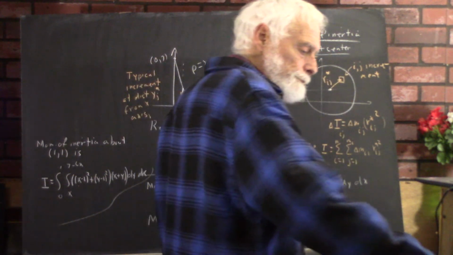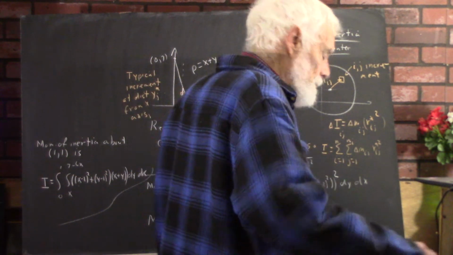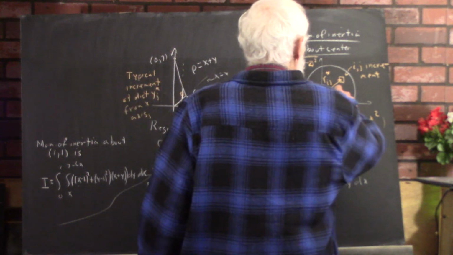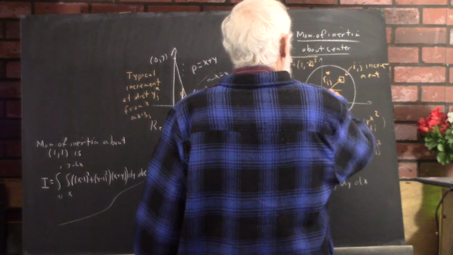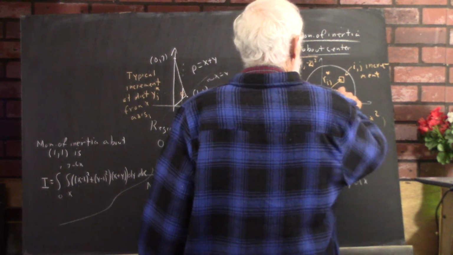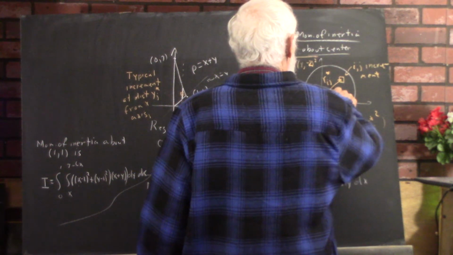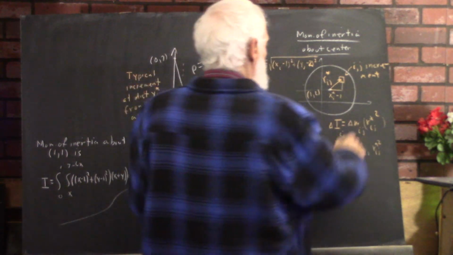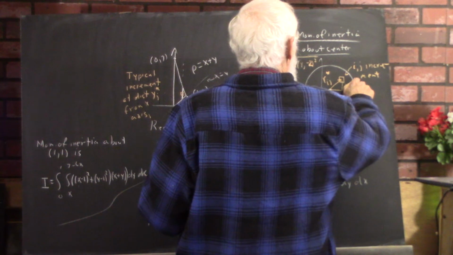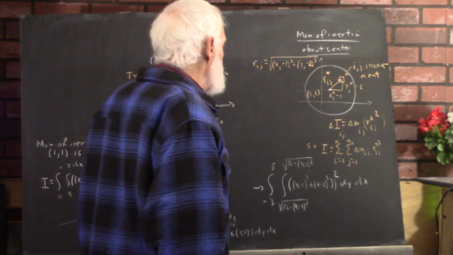The legs of the triangle, of course this point here is 1, 2. The legs of the triangle are xi star minus 1 and yj star minus 2.